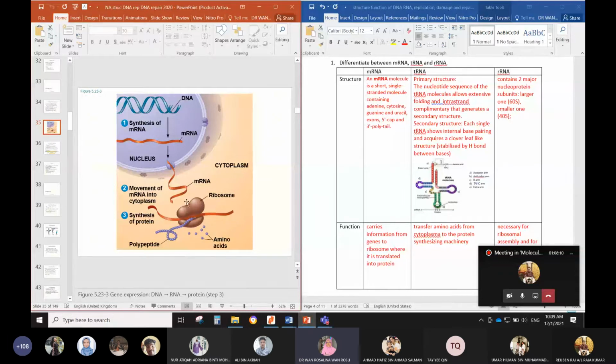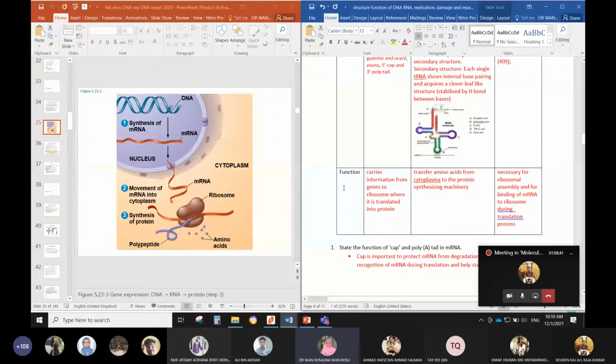You have your big subunit, 60S, and the 40S subunit, and then you have the mRNA strand that is put together with the help of the tRNA. The tRNA is not shown in this picture. But the structure is a big subunit, your 60S, and the small subunit, which is 40S.